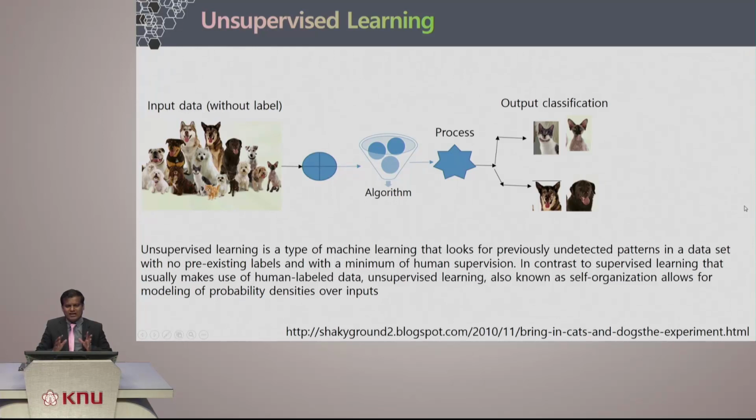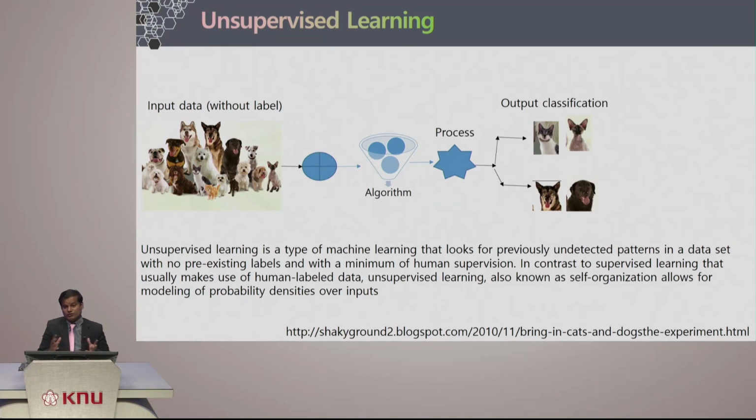Then comes the unsupervised learning method. As the word says, unsupervised, we already know what an unsupervised learning is. Unsupervised learning is a type of machine learning that looks for previously undetected patterns in a data set with no pre-existing labels, with a minimum of human supervision.